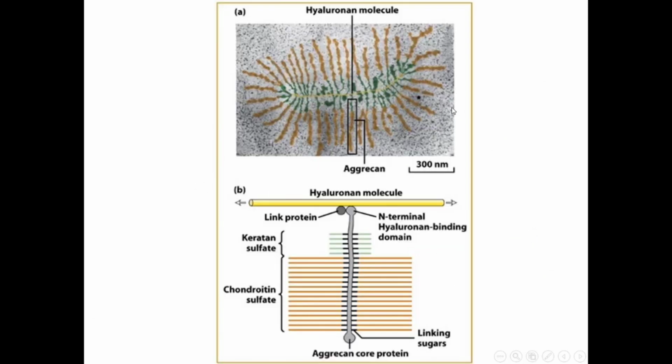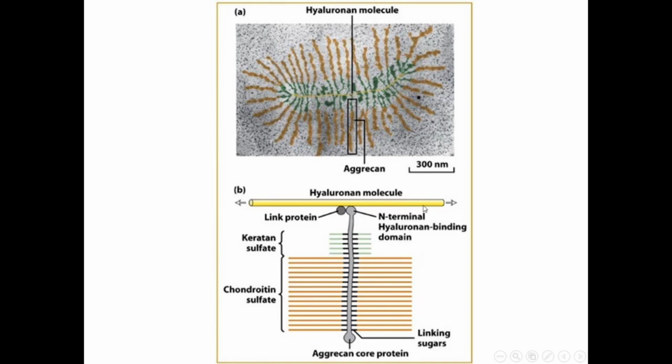But in the extracellular matrix, under the electron microscope, if we fix very well, we can see the GAGs and proteoglycans. Usually the large GAGs, I mean the hyaluronic acids, are located at the center and accumulate other proteoglycans around themselves and attach them by a linker protein.